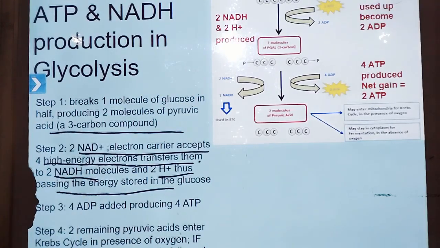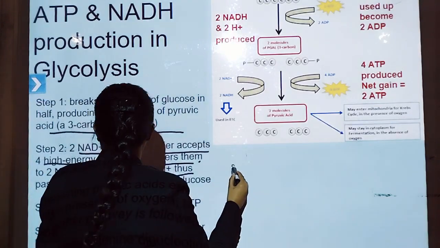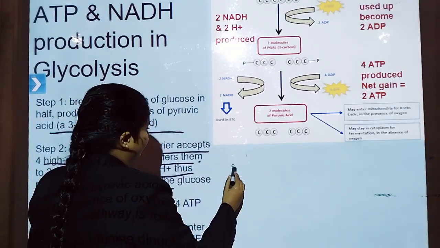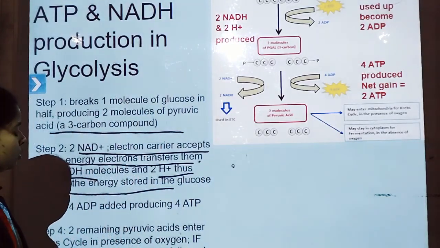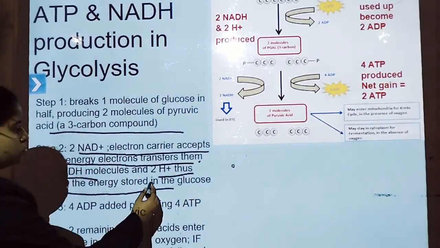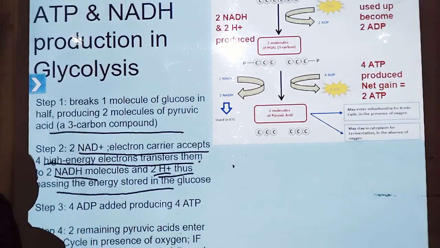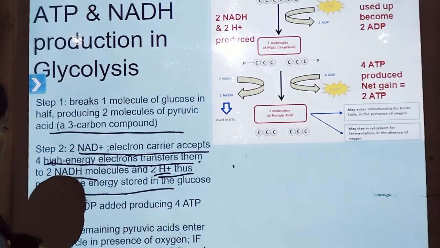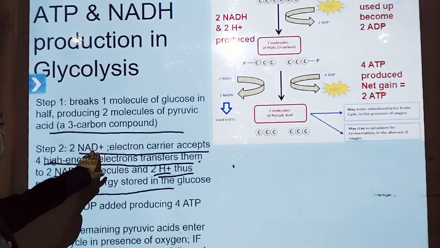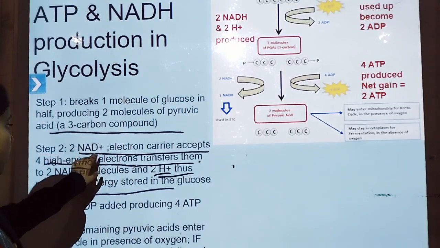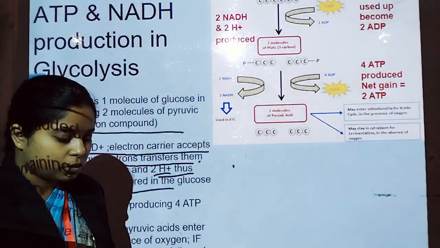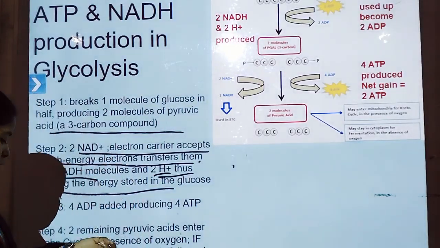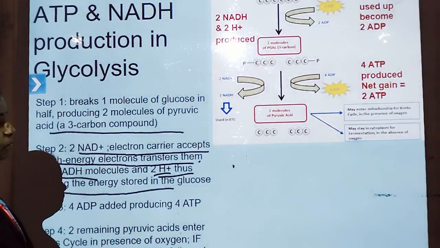So 2 molecules of NADH. So how many protons are generally used? 2 protons and 4 electrons are used for the reduction of NAD plus into NADH molecule. So these are the steps involved in the reduction of NAD plus molecule.